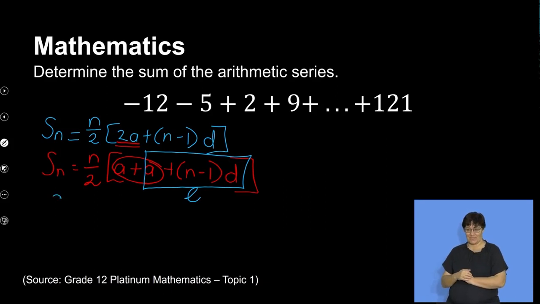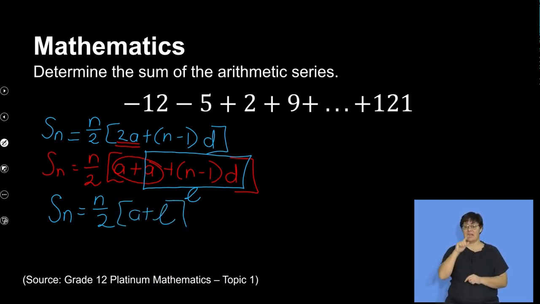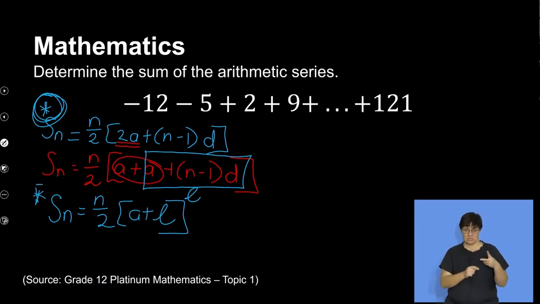So this means that Sn is also equal to n over 2 times a plus the last term of the sequence. So I can use this form to determine the arithmetic series, or I can use the other form. Please note that I can only use the second one when I actually have the value of the last term.